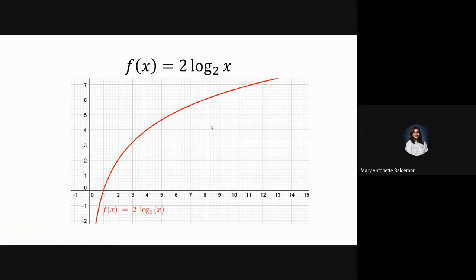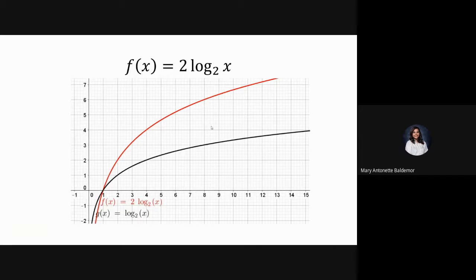That is the illustration. It intercepts the x-axis at exactly 1 point, that is 1. It is also asymptotic to the y-axis, or x is equal to 0, and the graph is increasing.